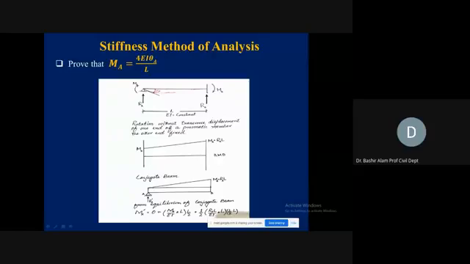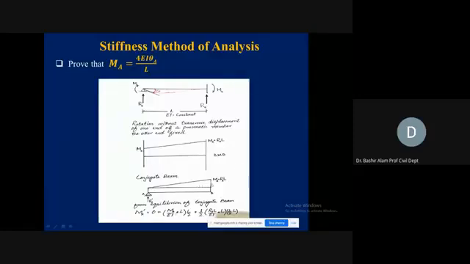So it is the total load multiplied by L by 2, which is the moment arm. From this rectangle, we have a moment of this first term.